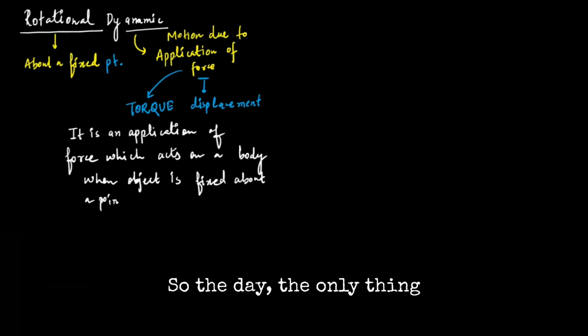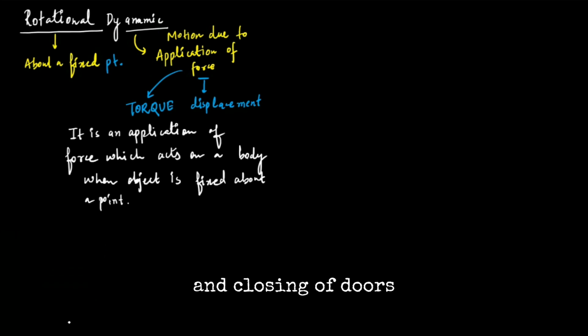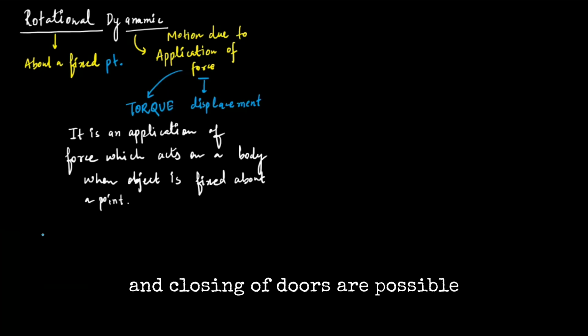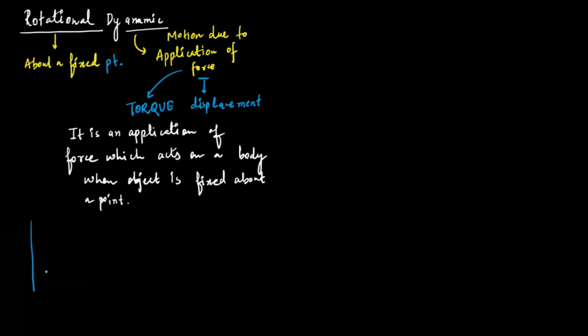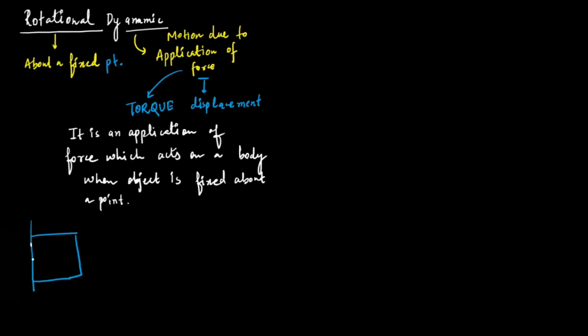The thing which we deal with in daily life is opening and closing of doors. Those are possible because of torque. Suppose this is a door and this is the point which is the hinge.